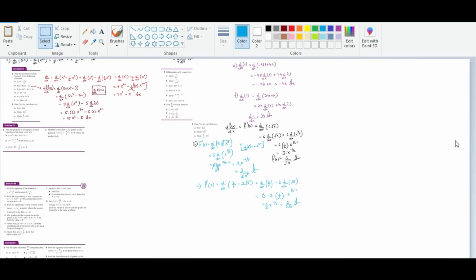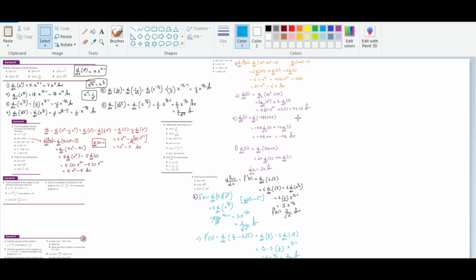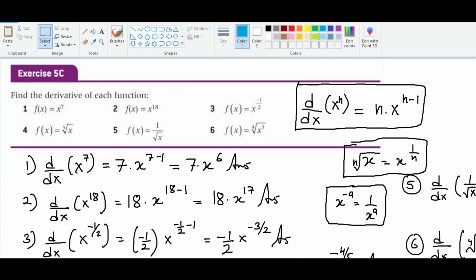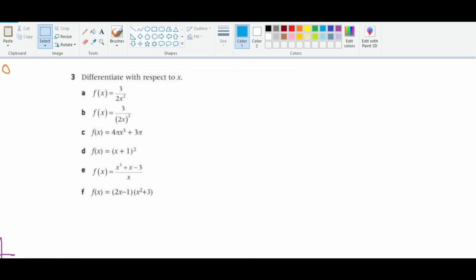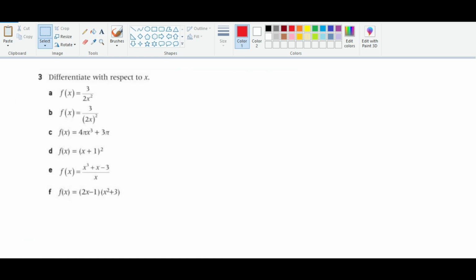So let's paste it and bring it this side. I'm just enlarging this part to 100% and selecting a different color.